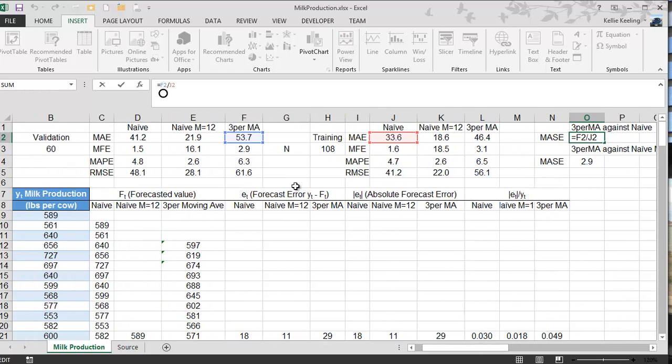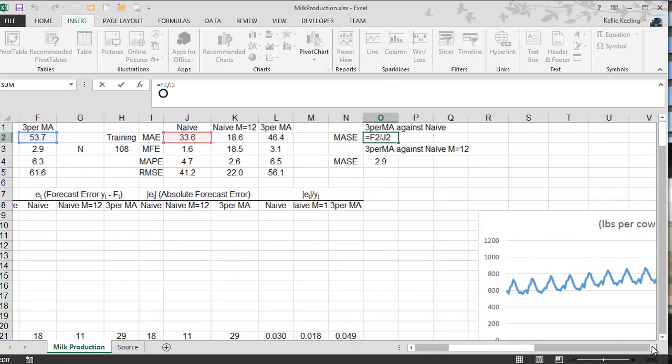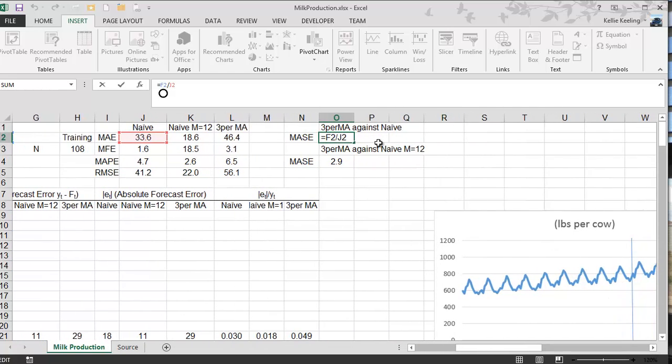Let's go back so you can see over here, the MAE for this particular one that we're looking for. In this case, I wanted the 3-period moving average. And you look at it over the naive for the training. That's a little bit different, but we're going to use the training as our baseline, considering that's what we fit the model on, and we found one that worked really well. And then we'll divide it out from the actual 3-period MAE.